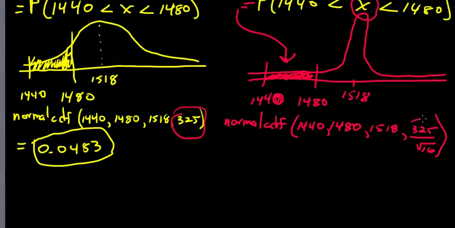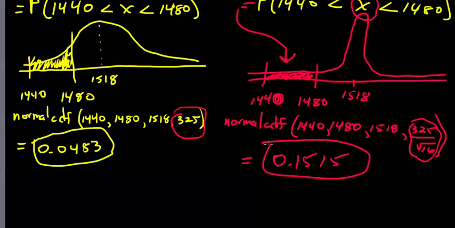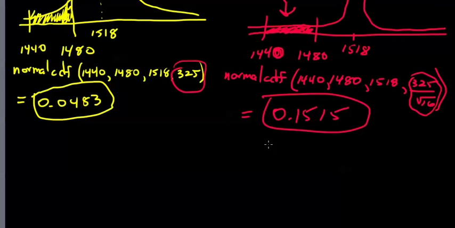Now you can work this out ahead of time and then plug it into your normal CDF command, or you can type it into your calculator. You would need a 325 / root 16 and then close the square root. Any way you like to do it is fine, as long as I get the correct answer. I'll call it 0.1515. Certainly since the shape of the curve changes, the probabilities will also change. Okay?